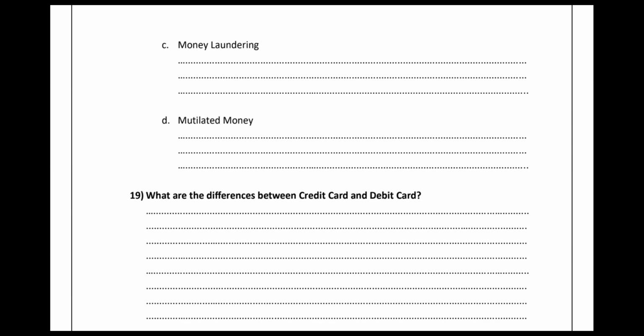Now let's say your money is damaged and you present a 5,000 note to a commercial bank to get a new note. For you to obtain the full value of the damaged money, there are certain conditions that should be fulfilled.